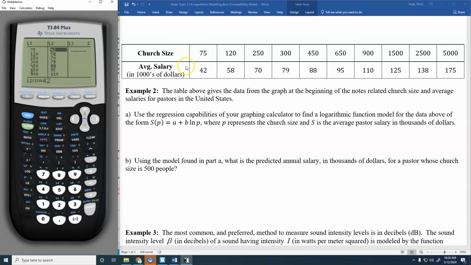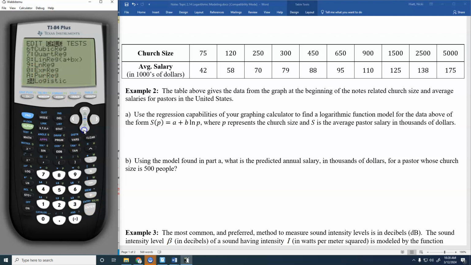Okay, so once you get that data in, where do we go to get our regression? Stat, over to calc. And if we just go down through here, which one do you think we should be using? LN reg.